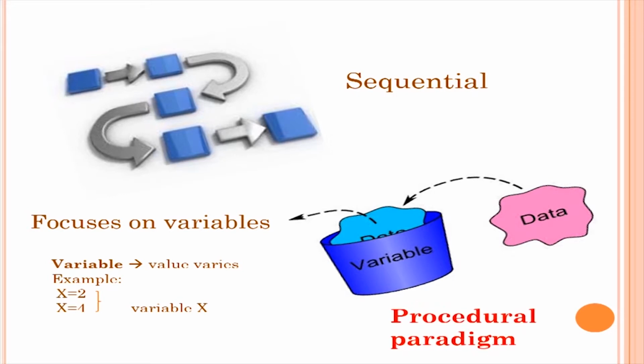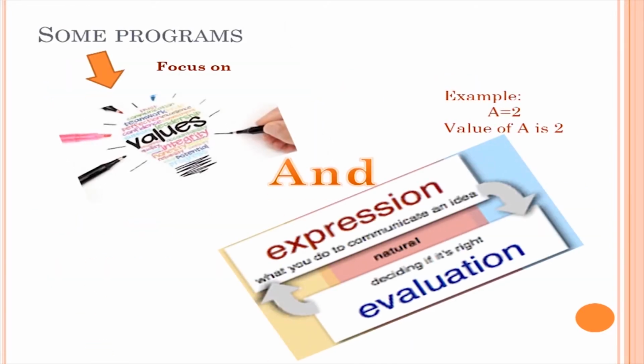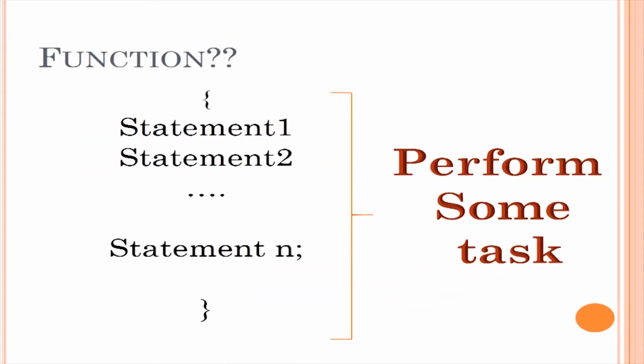Coming to the next paradigm, some programs only focus on values and expressions, in contrast to imperative languages that focus on variables. So, these programs are seen as a function that is working on some parameter, not the variables. Here, I'm using the term function again and again. Basically, a function is a set of statements which are put together to perform some specific task.